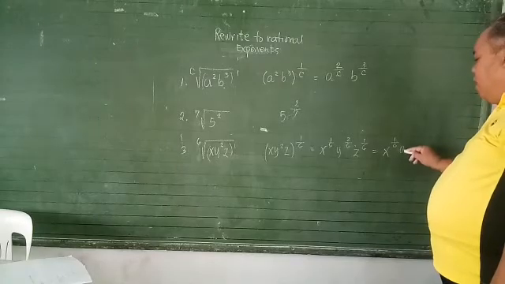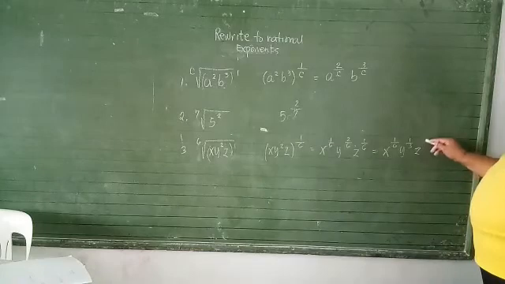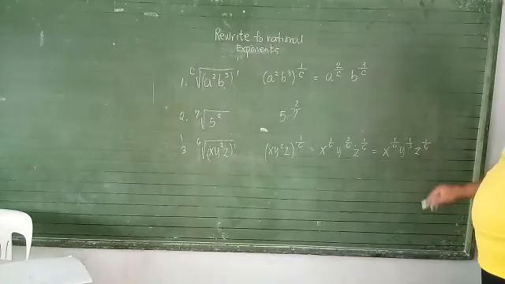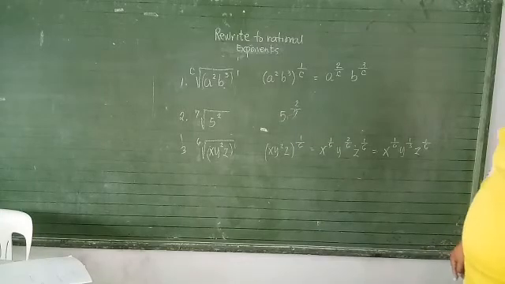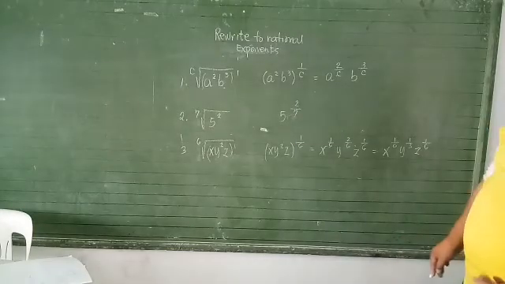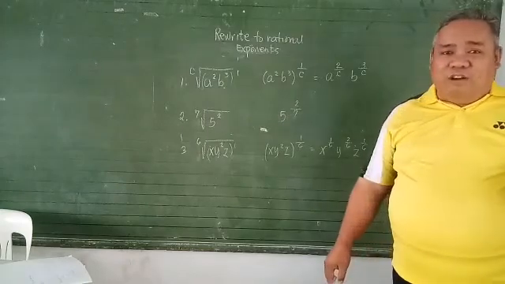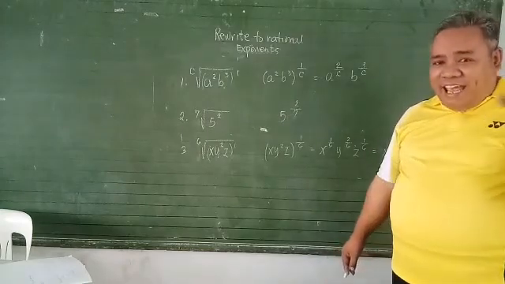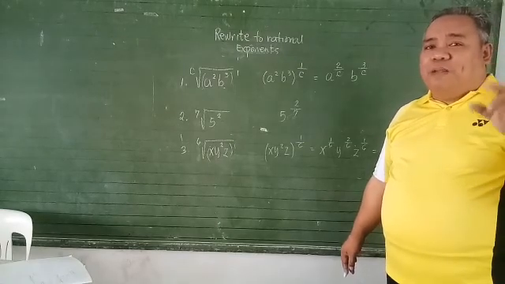Since 2 over 6 can be simplified, this is x to the 1/6, y to the 1/3, and z to the 1/6. That is how we transform a radical expression into a rational exponent. Remember, the index becomes the denominator of the exponent and the exponent of the radicand becomes the numerator of the rational exponent.